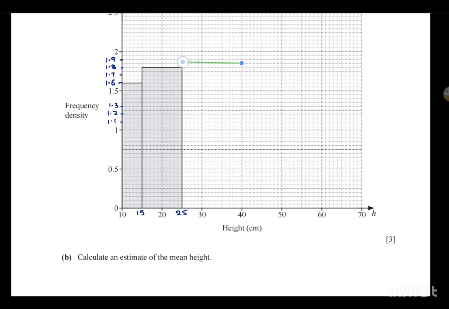Let me shift a little bit above. Up to 40 it should go. This is done for the third class, 25 to 40.